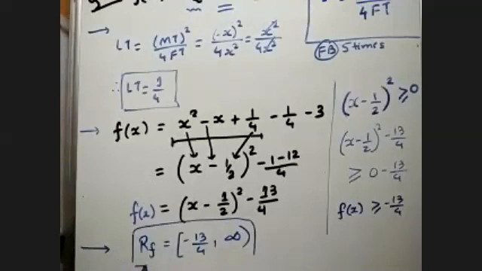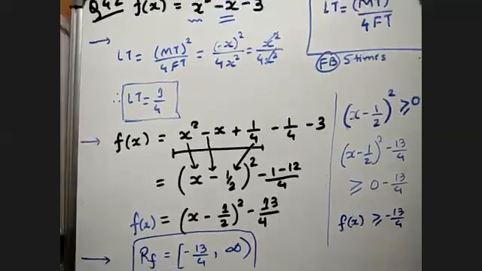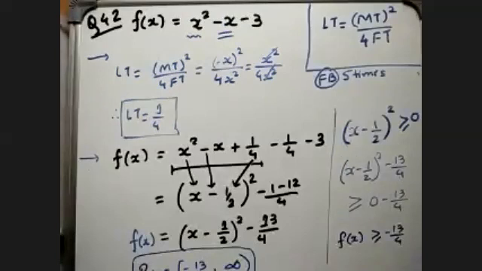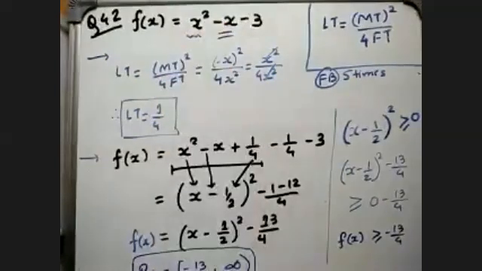So is it clear to you? I am repeating this question once again. You can also find maxima or minima by differentiation, so from differentiation you get its minimum value. But always follow this method whenever you have this type of three terms in a polynomial and the first term is a perfect square.